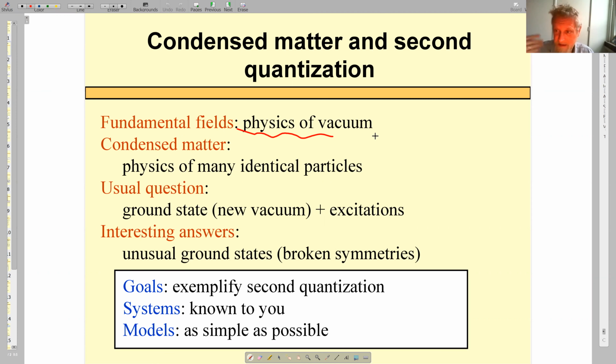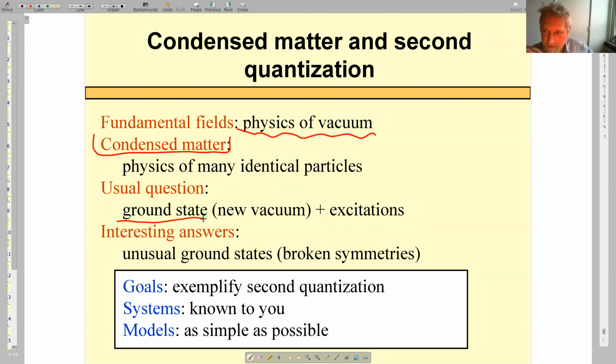Although, of course, it has potential for creating excitations. And it is much more interesting to turn our attention to the systems of condensed matter physics. What's condensed matter? It's a system of atoms, electrons. Electrons come together as many identical particles over there. And what is happening over there? Every condensed matter system, every material has a ground state.